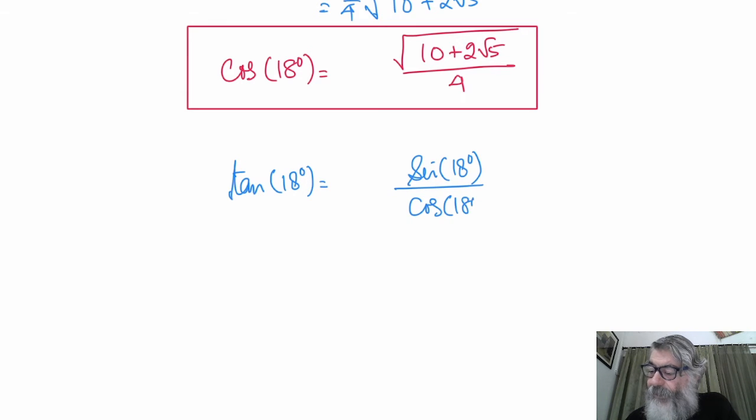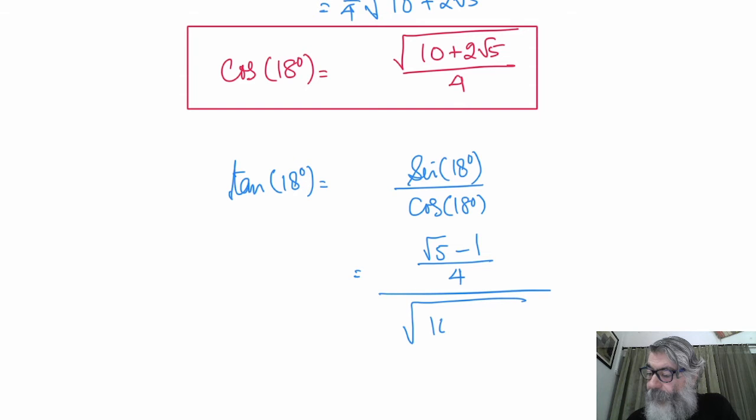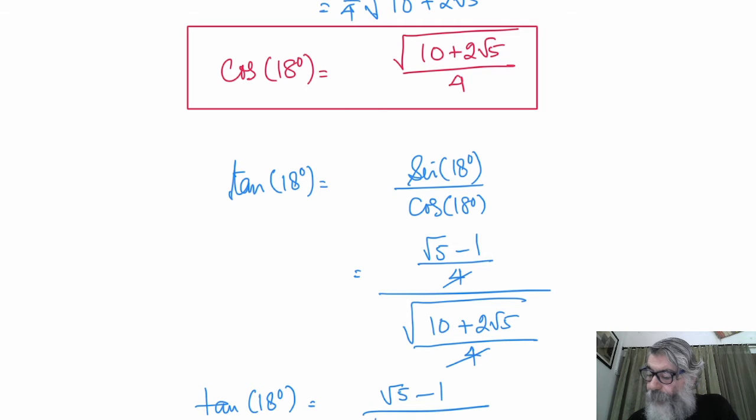You remember sin 18 was under root 5 minus 1 upon 4 divided by 10 plus 2 root 5 upon 4. So 4 will cancel. So tan 18 degree will become root 5 minus 1 upon under root 10 plus 2 root 5.